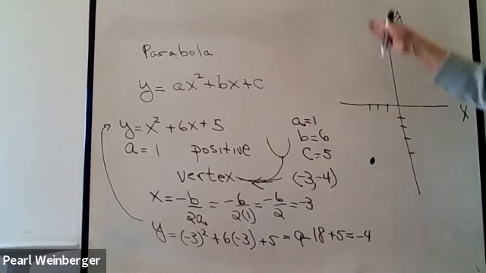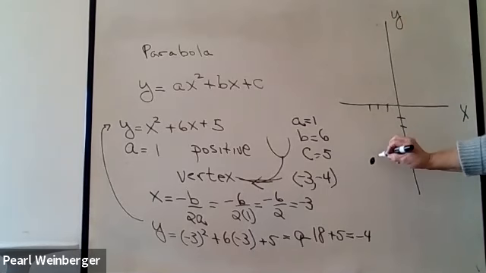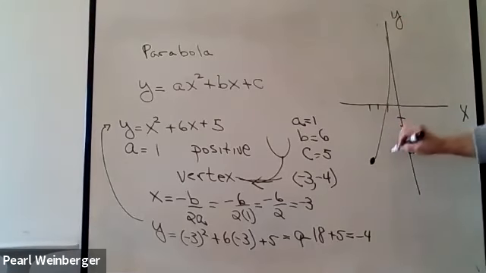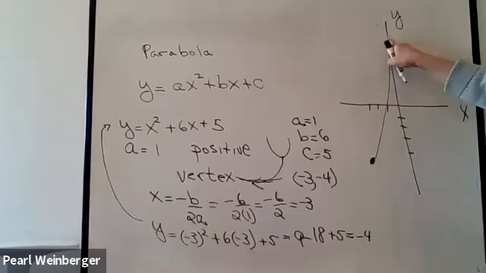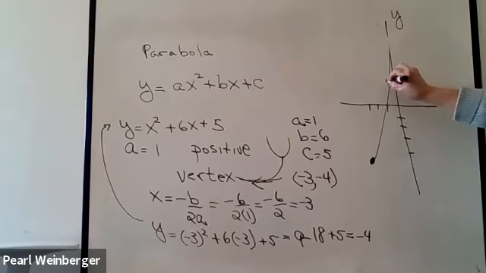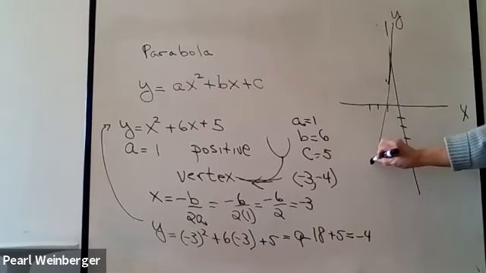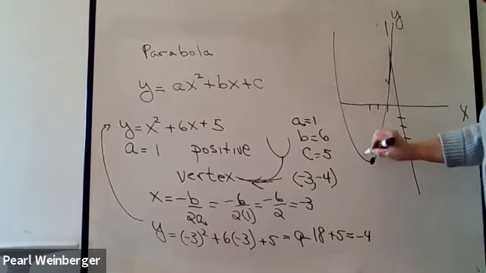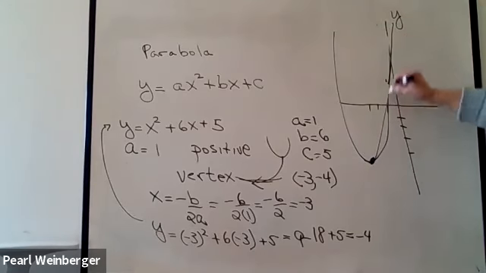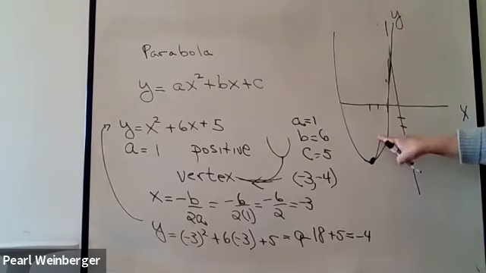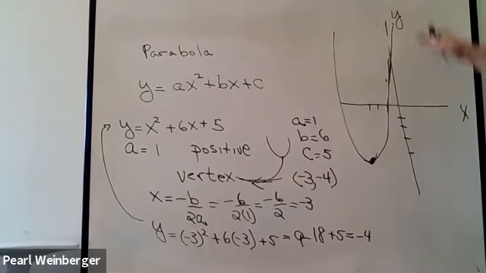And I know that this is a U that goes up. So therefore, it's going to look something like this. I guess that's a little bit better. This is approximately what my parabola is going to look like.